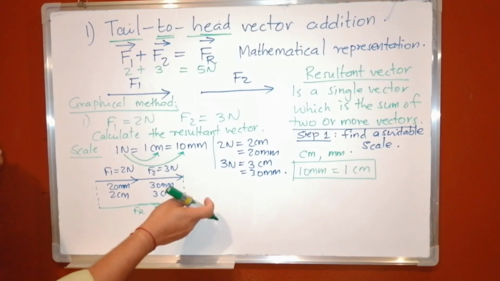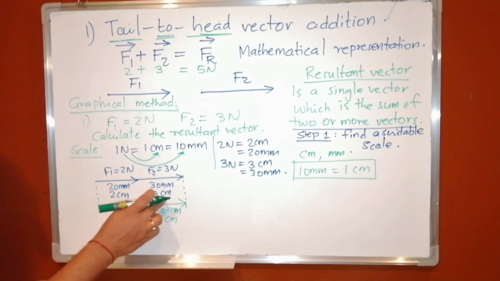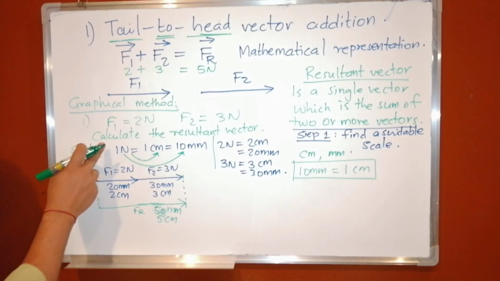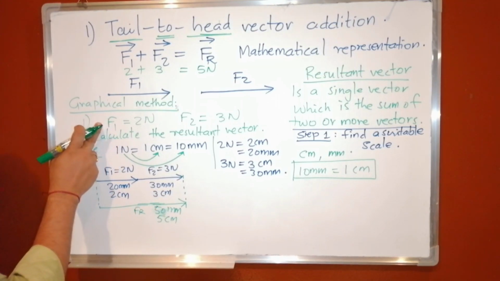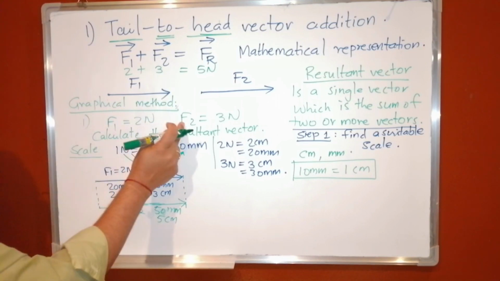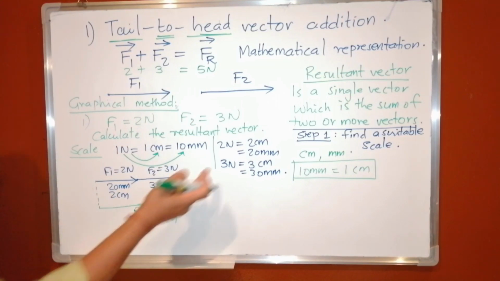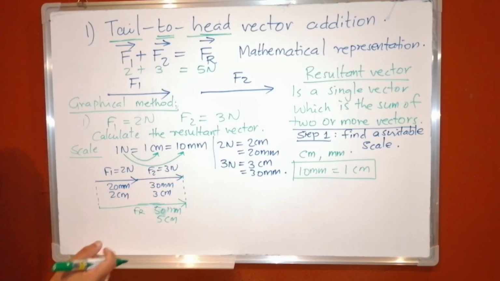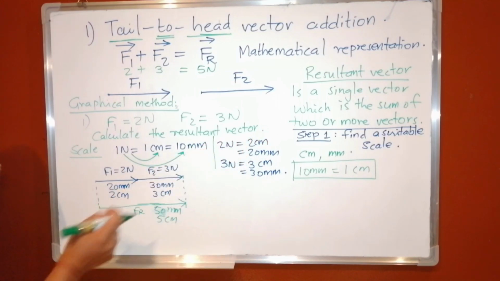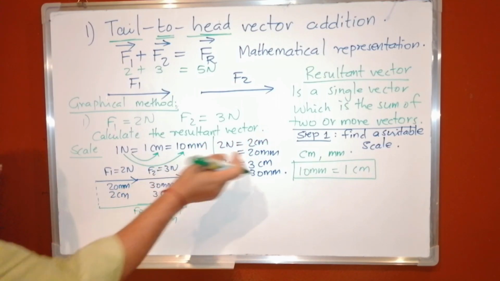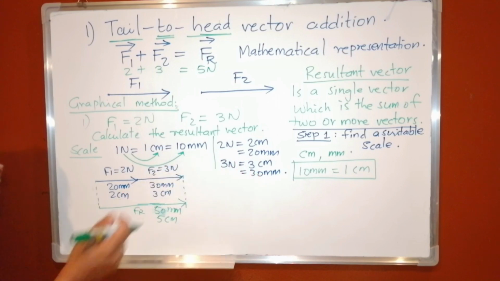Then you have to convert that into Newton, because the question is to find the resultant vector of F1 equal to 2 Newton and F2 equal to 3 Newton. The question doesn't have centimeters or millimeters, so we have to convert. Go back to our scale. 2 Newton equals 20 millimeters, 3 Newton equals 30 millimeters.